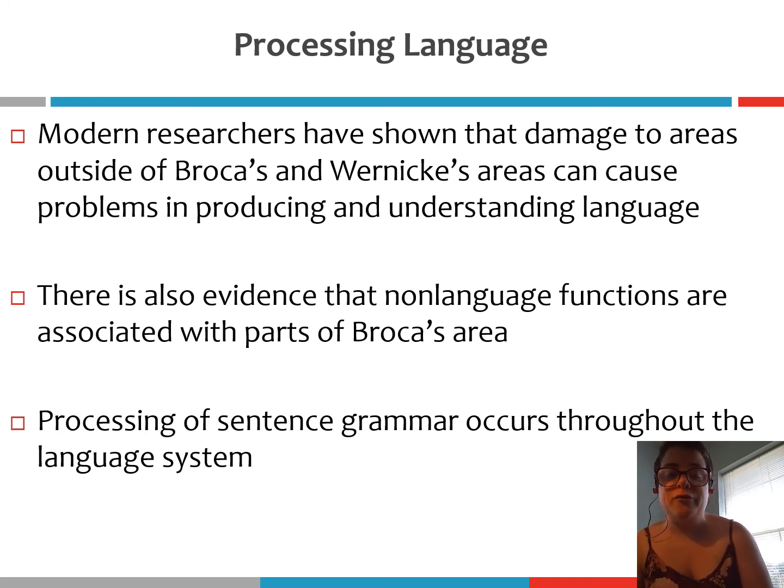And also, if you show participants kind of ambiguous hand shapes that kind of look like animals, almost like shadow puppets, right? This area of the frontal lobe, Broca's area, is activated. So in addition to speech production, this area seems to be involved in being able to predict or process other people's actions, other people's motor actions.